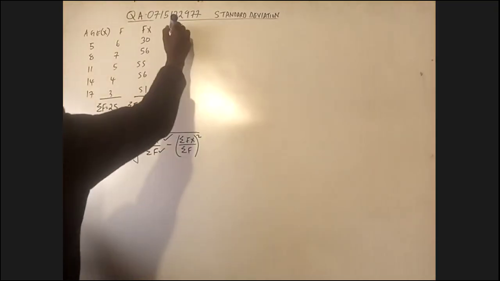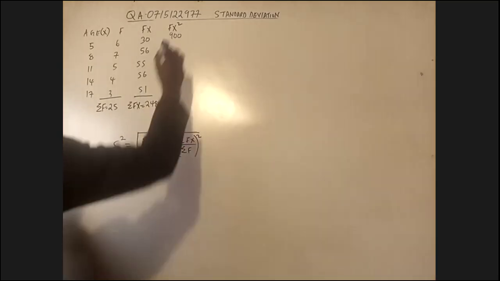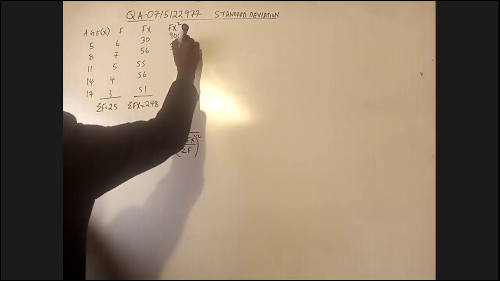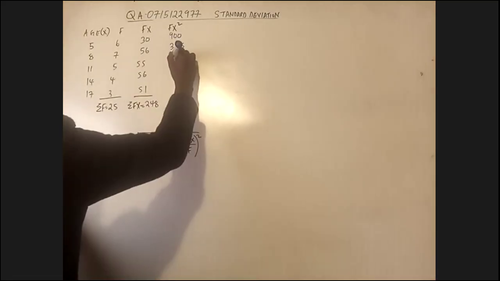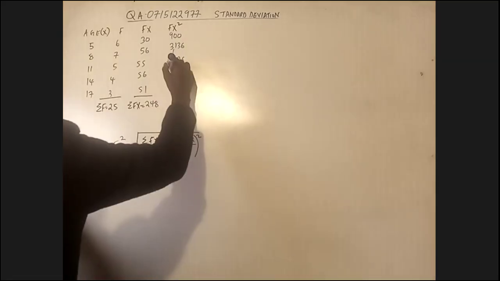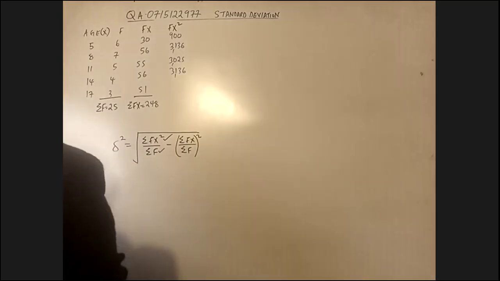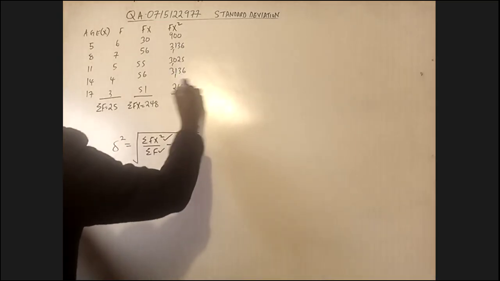X squared: 900, 3136, 3025, 3136. 2601 total.